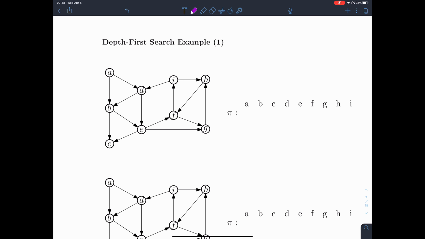One, when a vertex was first discovered. The next, when we finished all the processing of all the adjacent vertices.